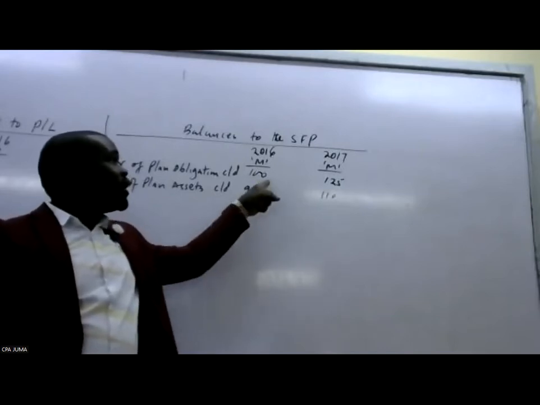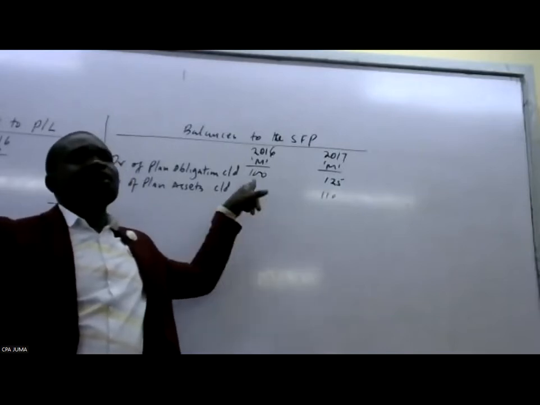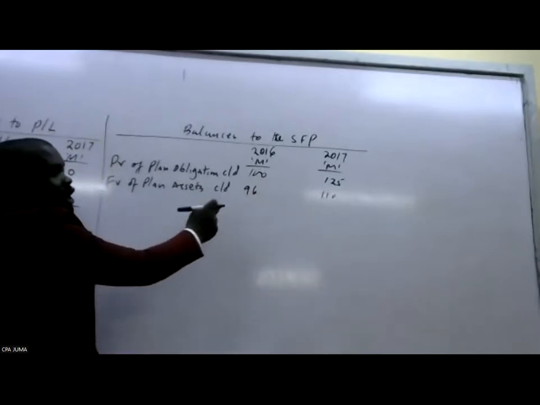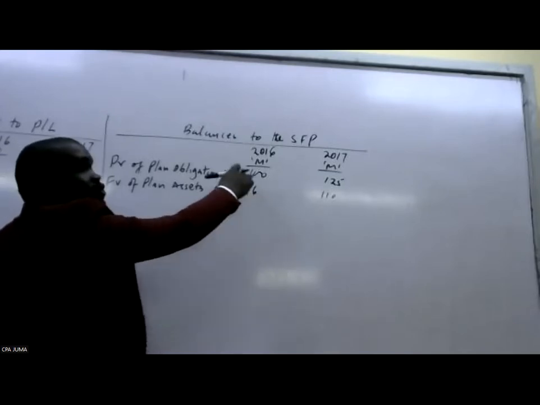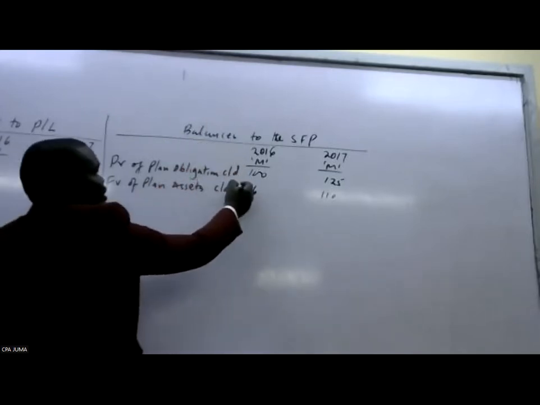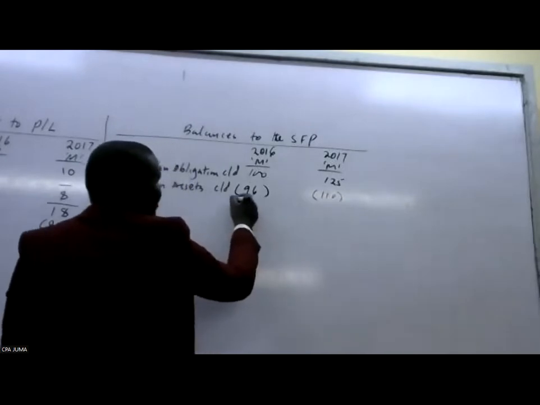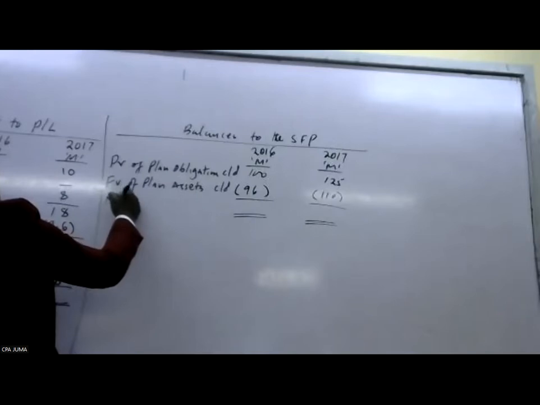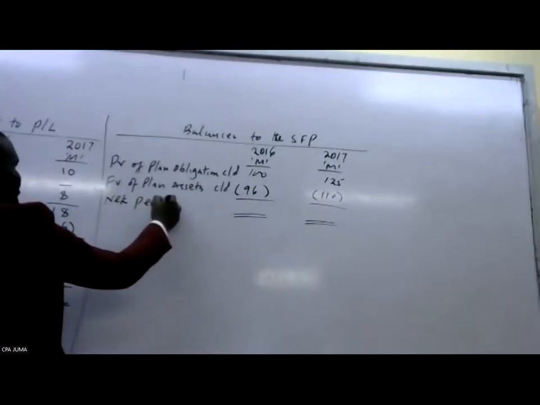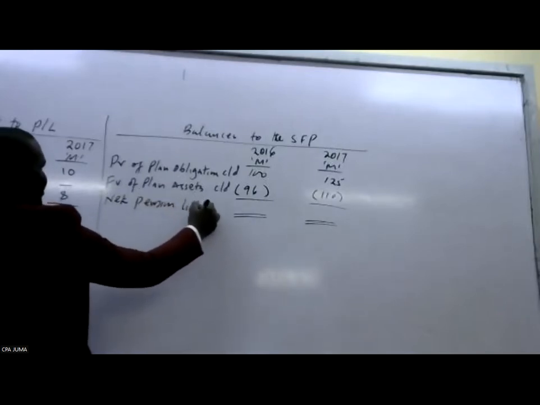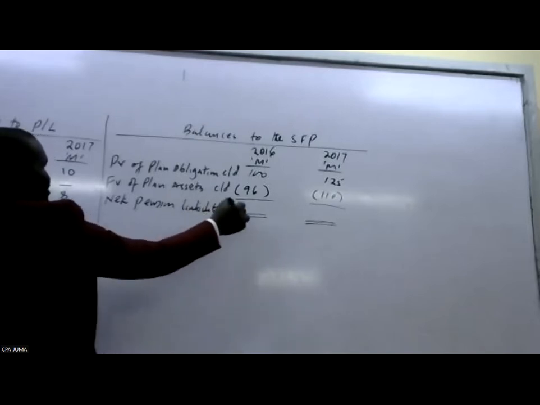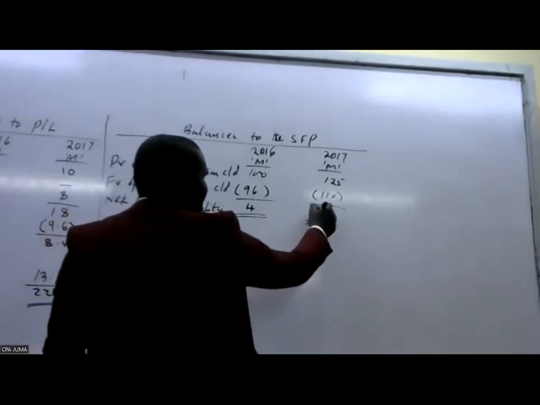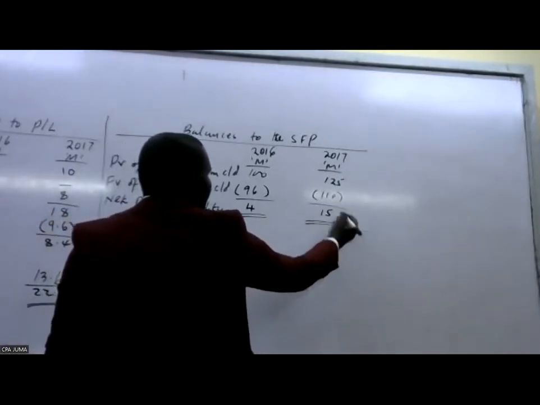So if obligations are more, then we utilize the assets to reduce the obligations. So subtract the assets from the obligation, and you remain with the net pension liability. Net pension liability of how much? 4, and this one is 15.